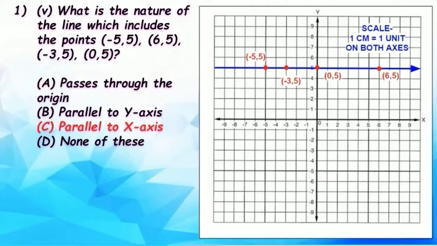Our first point is -5, 5. So the x coordinate is -5 and the y coordinate is 5. On the x-axis we locate -5 here, and on the y-axis we locate 5, which is here. The intersection of these two gives us this point -5, 5, which lies here.